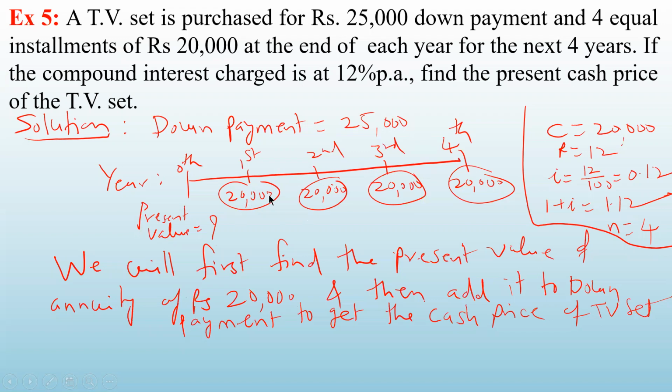So N is 4, C is 20,000, and the rate of interest is 12%. Find the present cash price of the TV. You find the present value of these installments using our formula of present value of annuity, and that present value you add to the down payment.